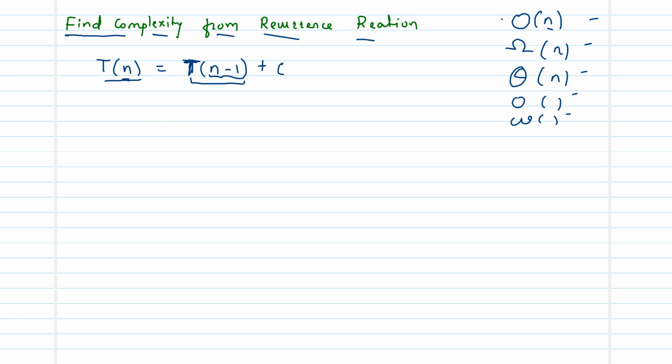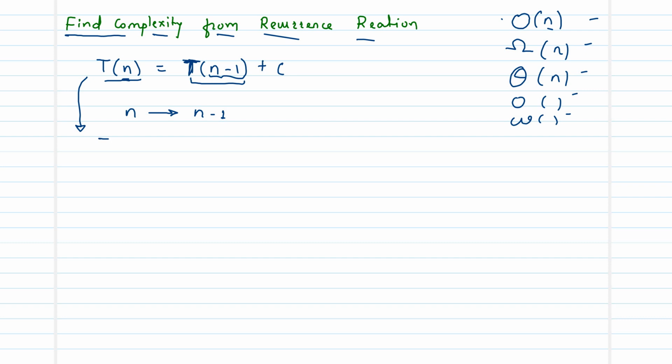This is a decrease and conquer method, like what we have discussed before also: the initial size of the problem is n and we are reducing the problem size to n minus 1 at each iteration. So n is getting replaced by n minus 1. What if I replace n with n minus 1 in this relation?